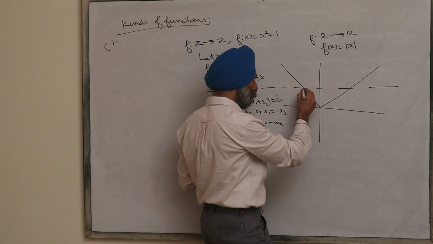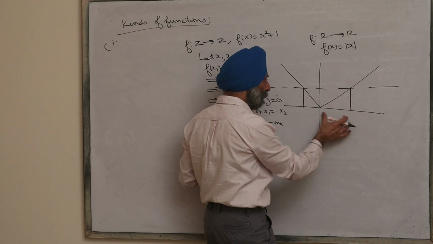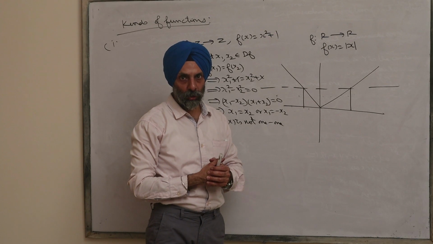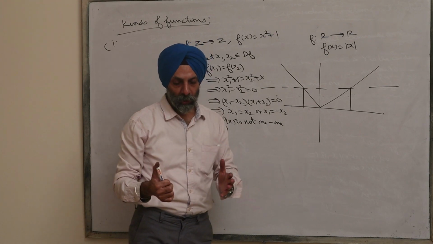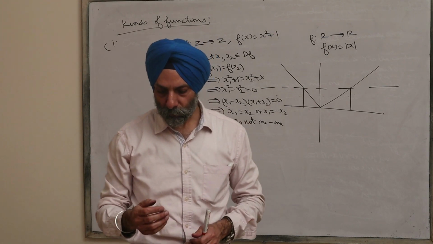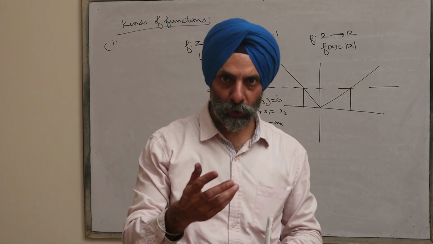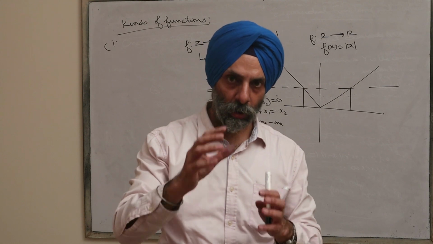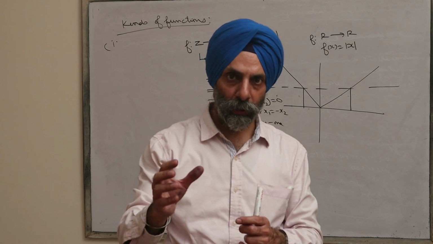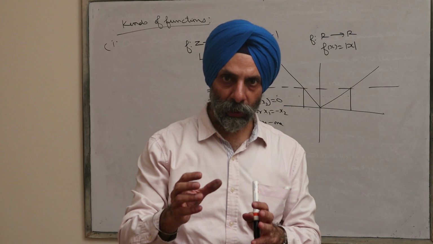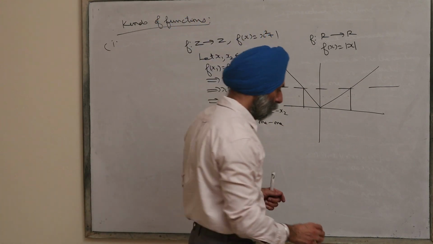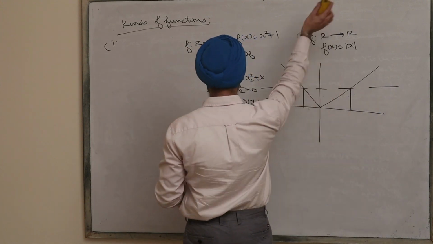So you can see here through these two values, you get the same value of y, which clearly shows that it is not a one-to-one function. So particularly when we have to solve questions for JEE Mains or JEE Advanced, draw a line parallel to the x-axis. If it cuts the graph at more than one point, then we will say that this function is not a one-one function here.